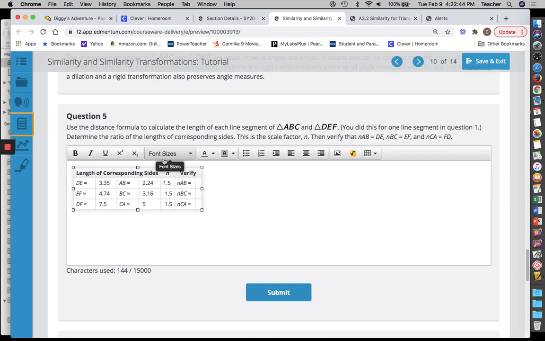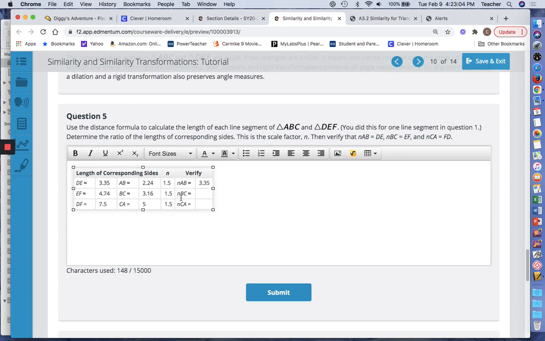Okay, so let's see. If you multiply 2.24 times the scale factor 1.5, that's going to get 3.35.